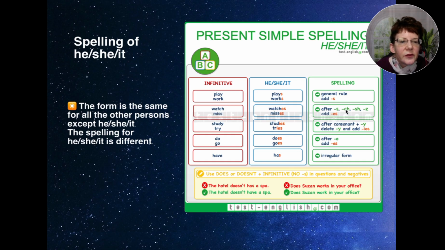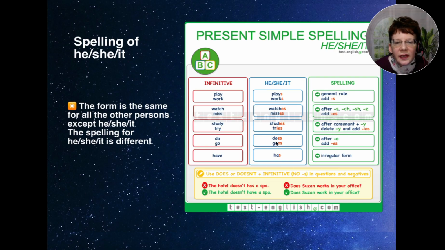So it comes after these types of spelling, even if they end in Z. All right, and if the verb or infinitive ends in Y, you can say he, she, or it. So we drop the Y and add IES. So studies and then tries. So it's after a consonant plus a Y.